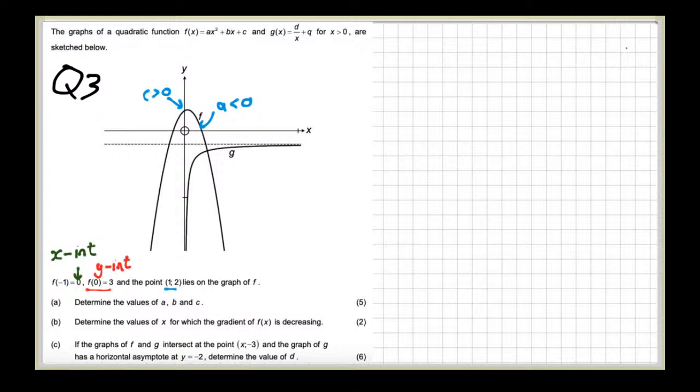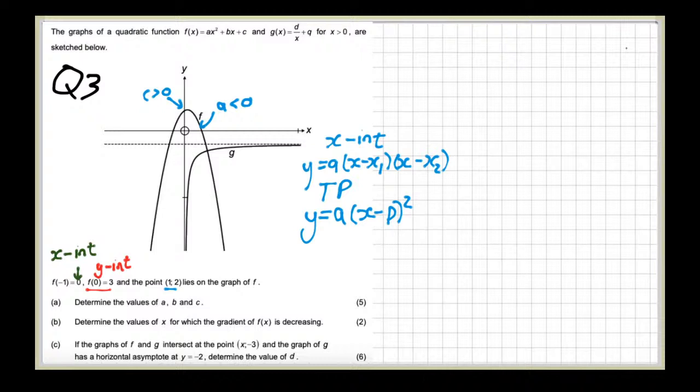I'm sitting with an issue. Because usually, in the textbooks and in all the exams we do, we either give you the two x-intercepts, then you use the form y equal to a(x minus x1)(x minus x2), or they give you the turning point, where you use y equal to a(x minus p) squared plus q.